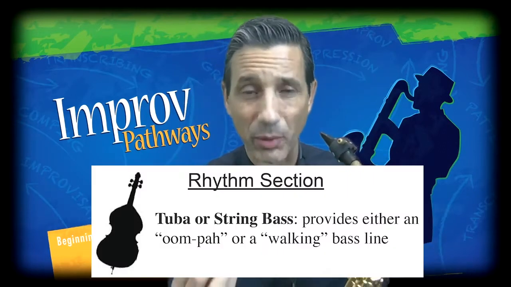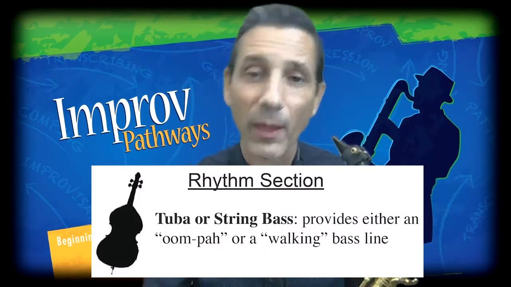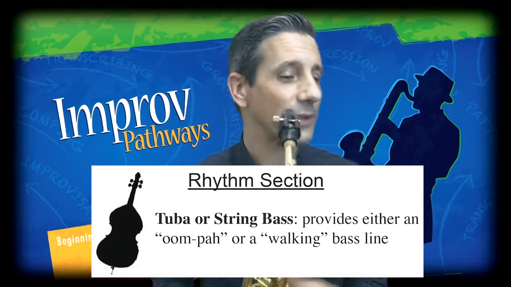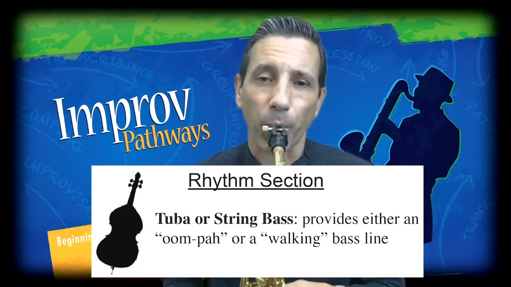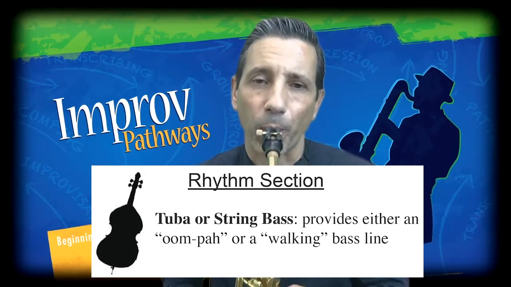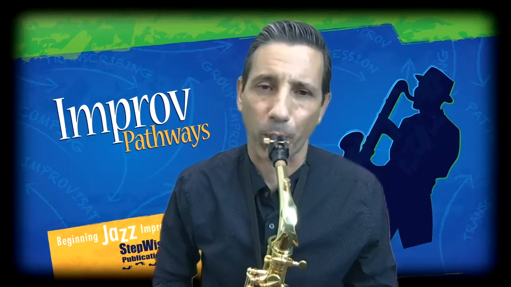I'm going to talk about each one briefly. So just like your jazz band might have now, a Dixieland band had to have some kind of a bass part, and so that was provided either by a tuba or an upright bass. And of course, they played the bass line. It's kind of like in our group improv exercise. Of course, it would be an octave or two lower than that, but that's the idea, some kind of oompa.